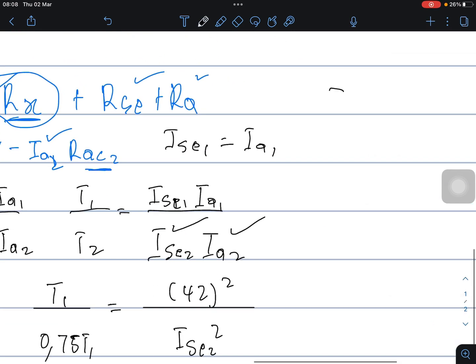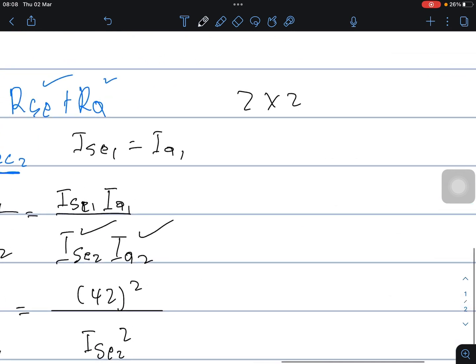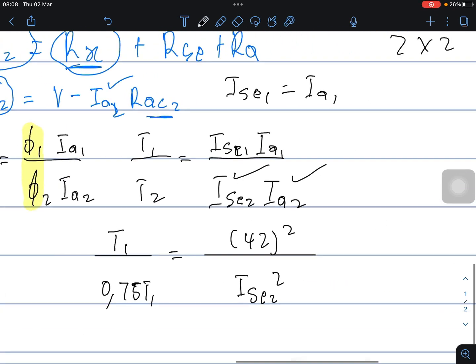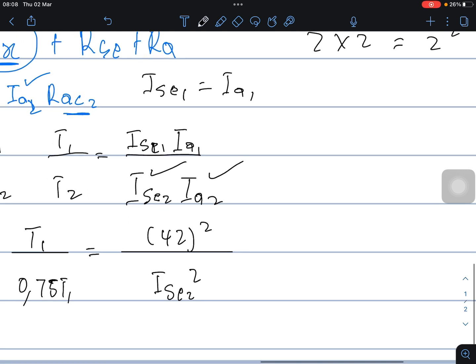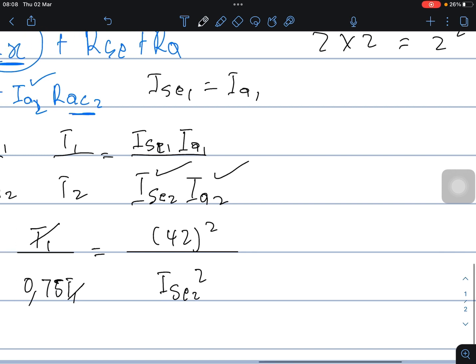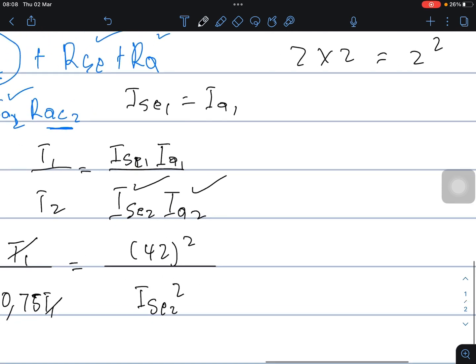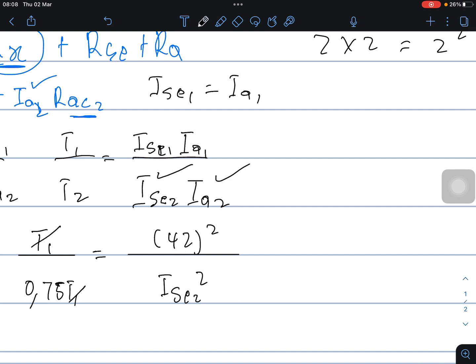If I'm saying 2 multiplied by 2, it's the same as saying 2 to the power 2. Now we can calculate I series 2, the T's cancel each other, because I put T2 in terms of T1.